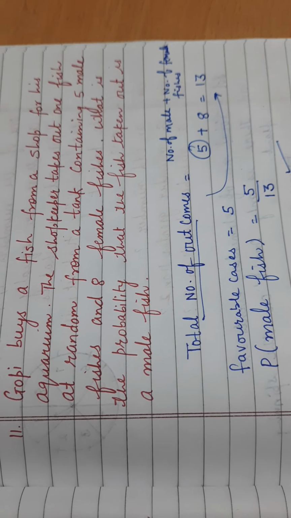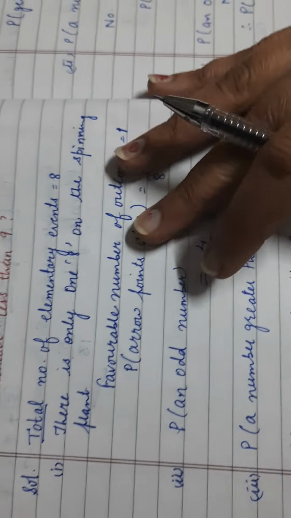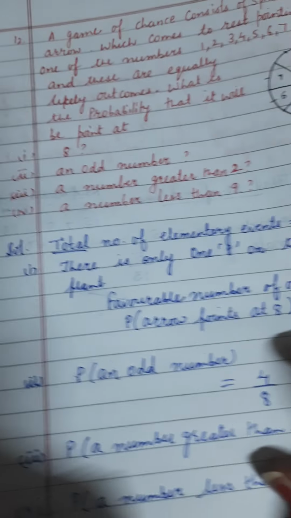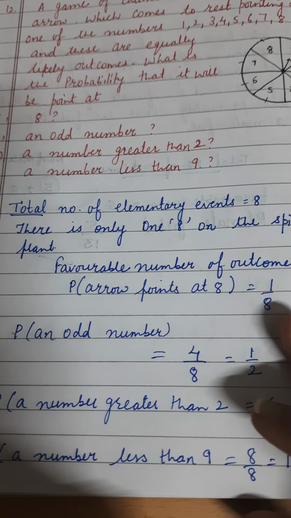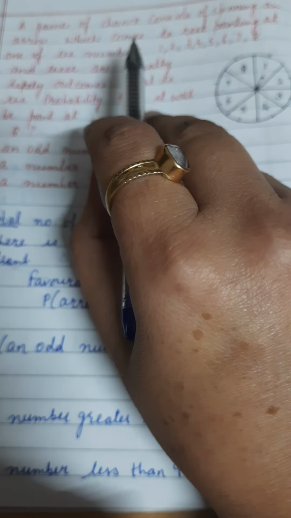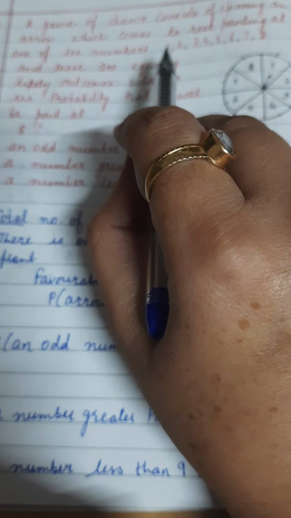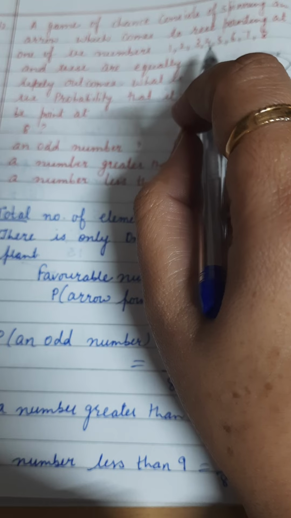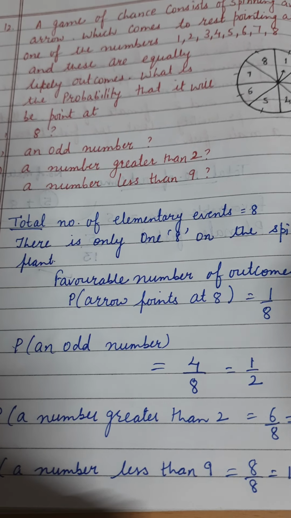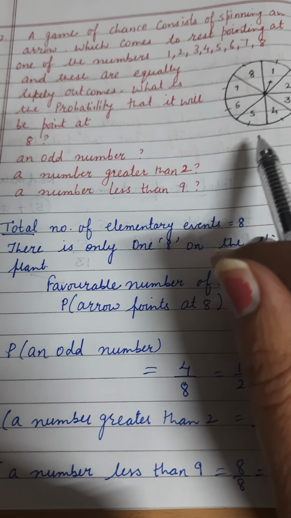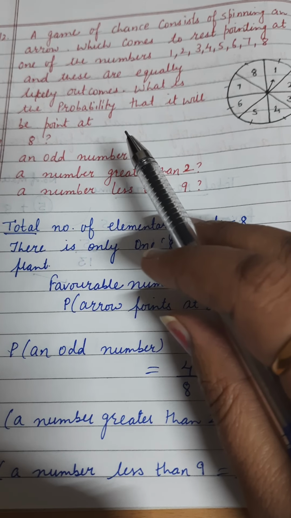Next question is question number 12. A game of chance consists of spinning an arrow which comes to rest pointing at one of the numbers 1, 2, 3, 4, 5, 6, 7 or 8, and these are equally likely outcomes.